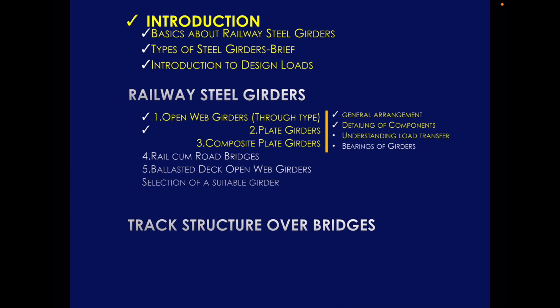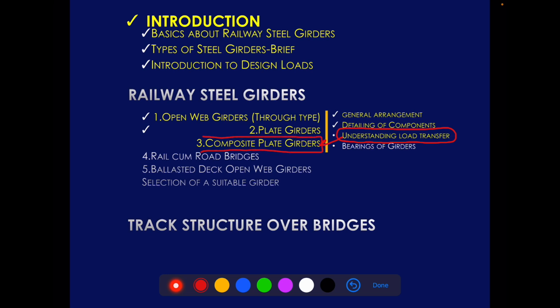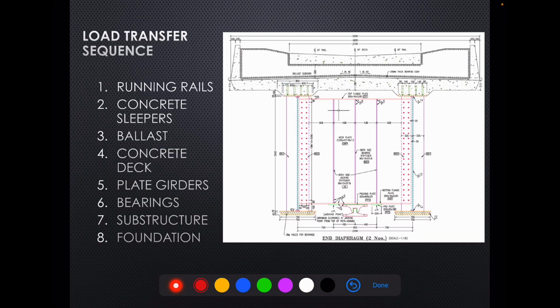So now we will start understanding the load transfer mechanism of composite plate girder. This is a typical arrangement of a composite steel plate girder, which I have already explained in the previous lectures.